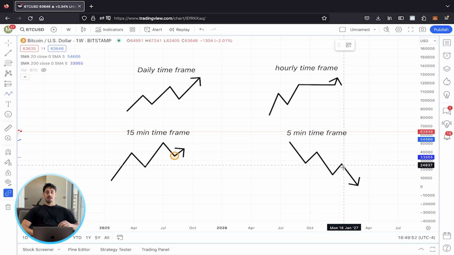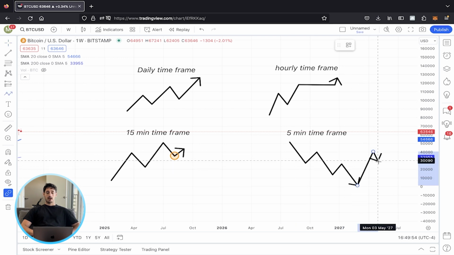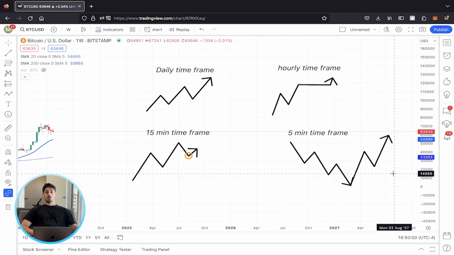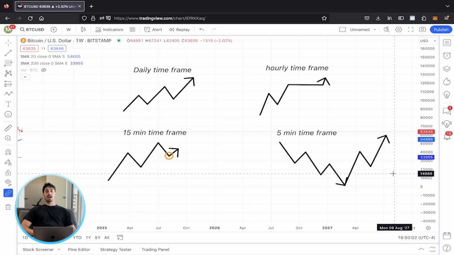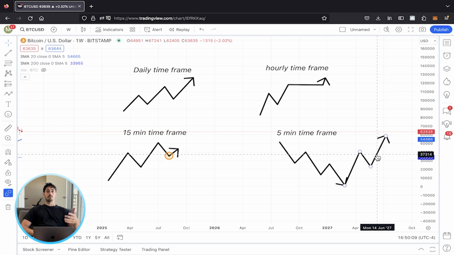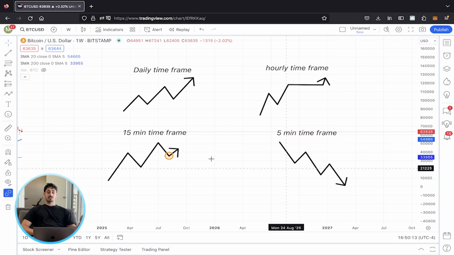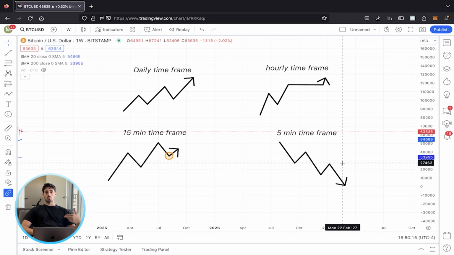And once the 5-minute breaks the downtrend, and maybe you get a little bit of a retracement on the 5 before it continues higher, you can add back or get in with full size. You get in with the next 50 shares, or the next whatever amount of shares you would get for that trade, depending on what your risk is. So you get into the trade with half size in the beginning and then full size once the 5-minute time frame shows bullishness, shows that it's going to be uptrending.